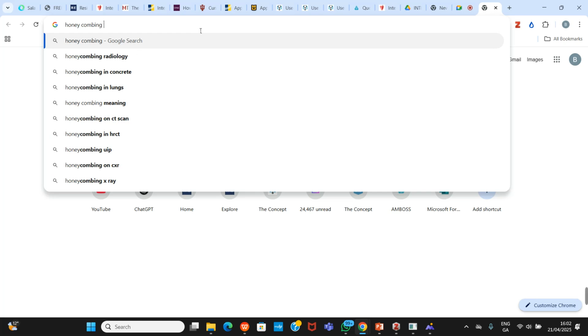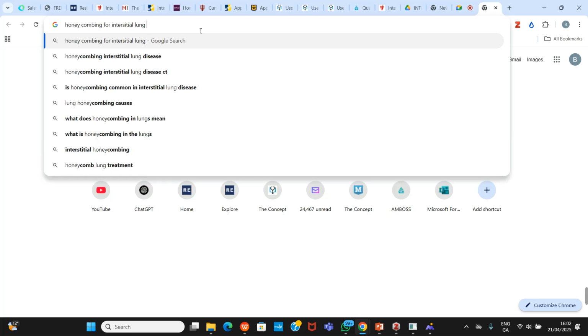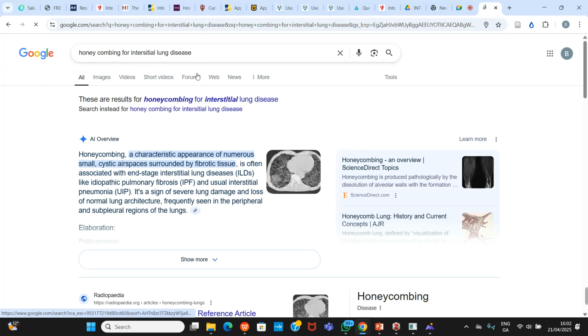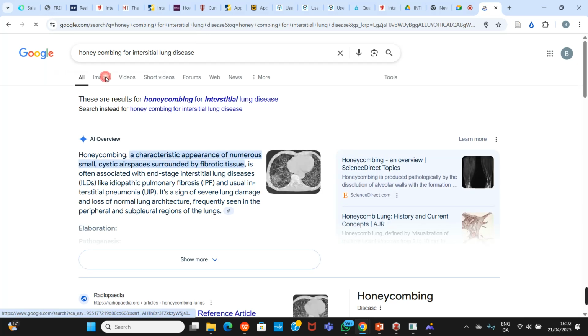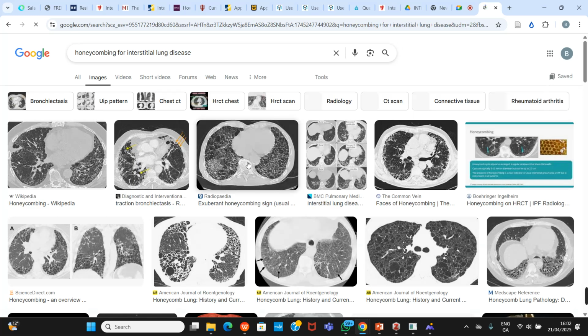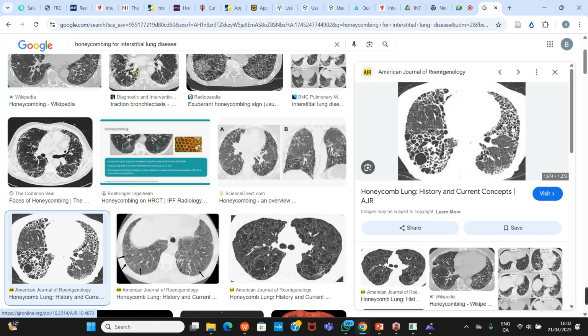Honeycombing. So let us see what it looks like. It's just multiple cystic spaces. Exactly. So this is what we see. All these, they look like the comb of honey. If you look at all this nest of honey, this is the way they look.